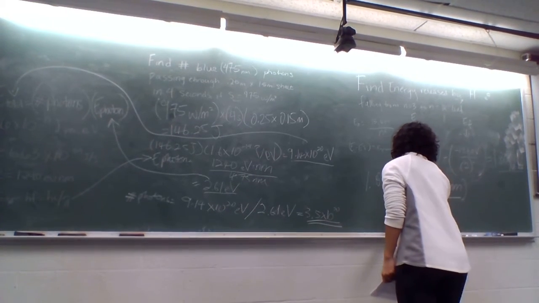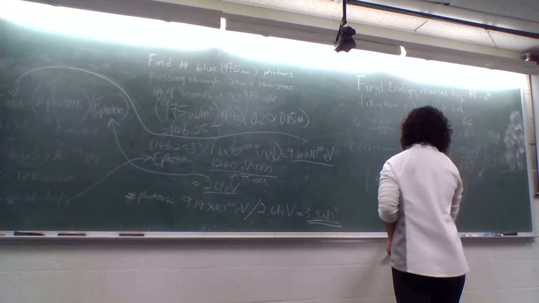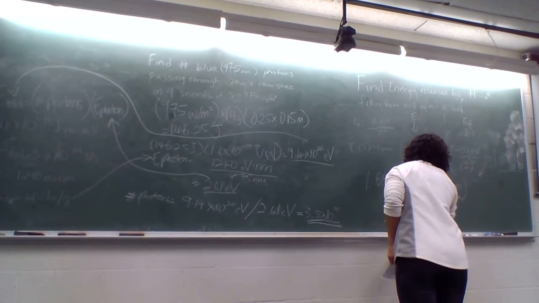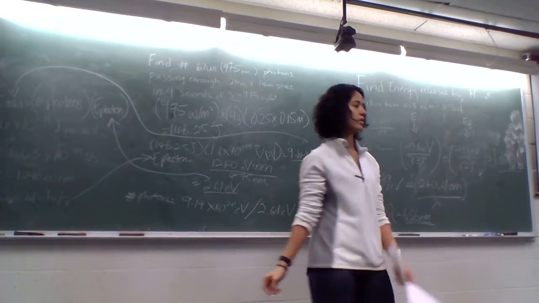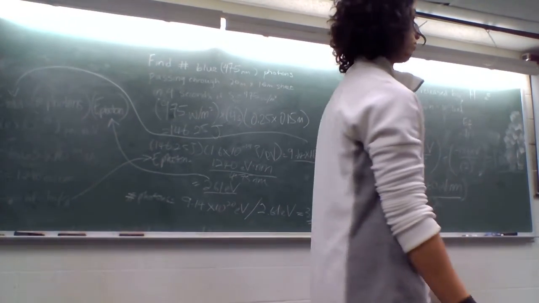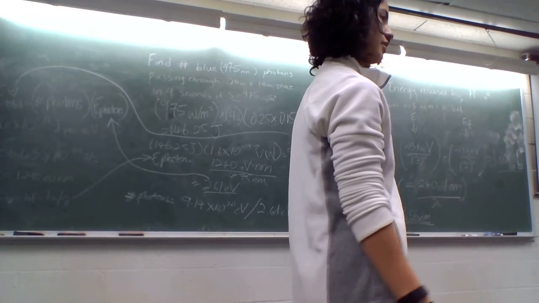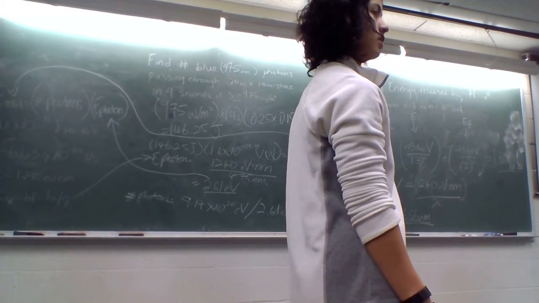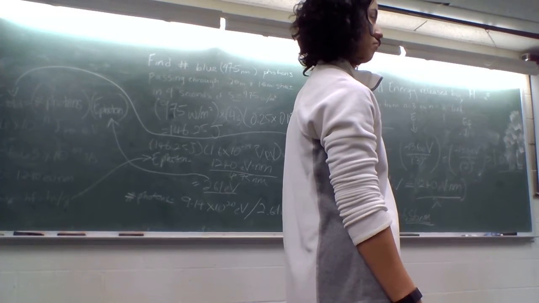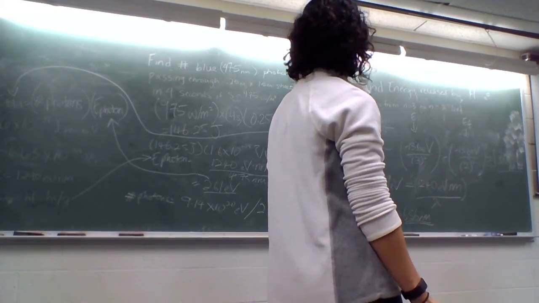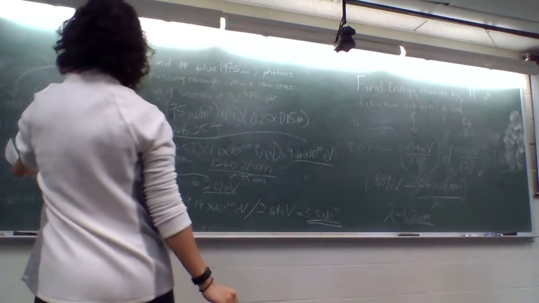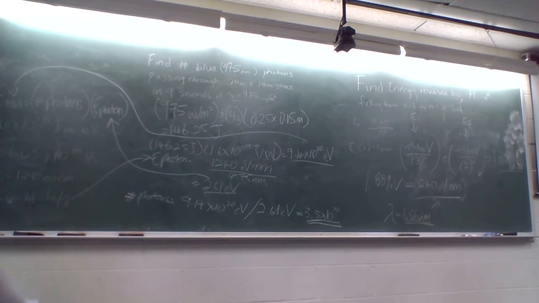So the wavelength turns out to be 656 nanometers. Does that make sense? Cool. Is the 1240 the E total? No, the 1240 is the HC, which you can get by multiplying Planck's constant by the speed of light.